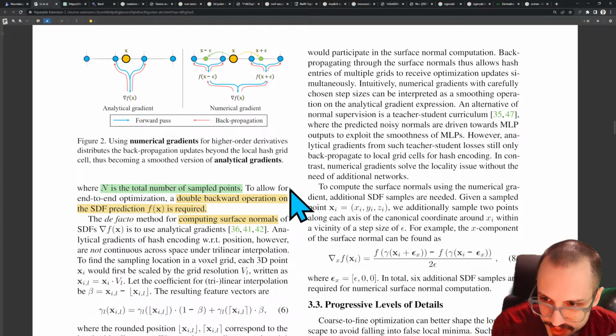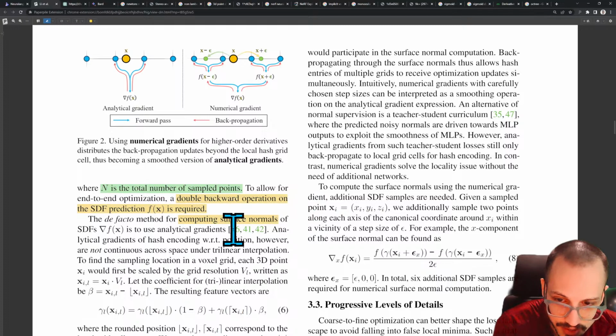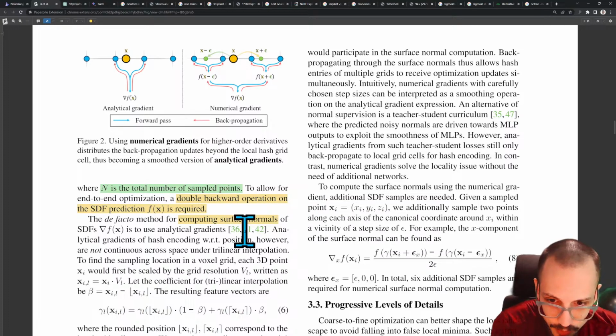So in order to get the surface normals, which I think is what they really want, really all of this is just a way to get the surface normal, they need to get this double derivative, this double backward operation. And in order to do that, normally you would use analytical gradients. Analytical gradients of the hash encoding with respect to position, however, are not continuous across space under trilinear interpolation.